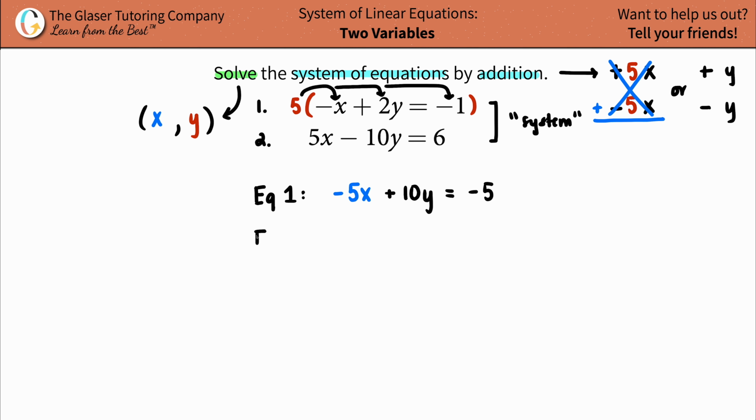And now we don't have to do anything with equation 2, so I'm just going to rewrite it. This is the positive 5x, so 5x minus 10y equals, what do we got? 6. Okay, here we go.